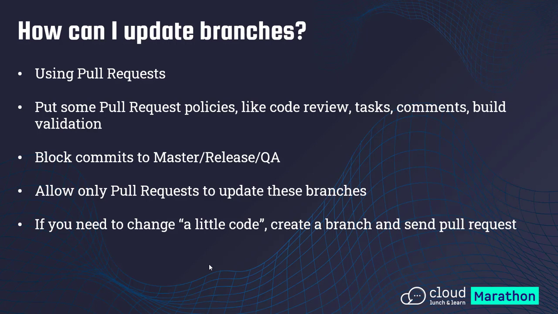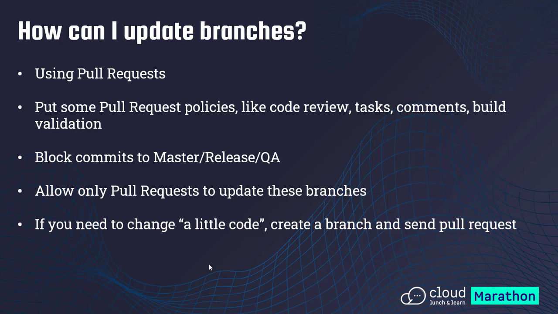And you need to block commits to master, for example, or release or QA branches, because this is production or a production candidate, okay? And I need to block commits directly to these branches.